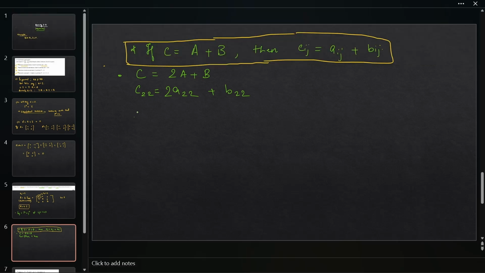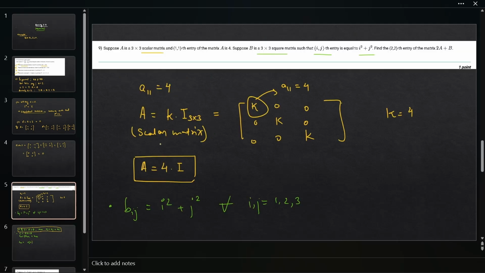Now, coming back to the question where we have to find C22. So C22 is equal to 2 times A22. The value of A22 is 4. Here we have seen that the value of A22 was K and the value of K is 4.